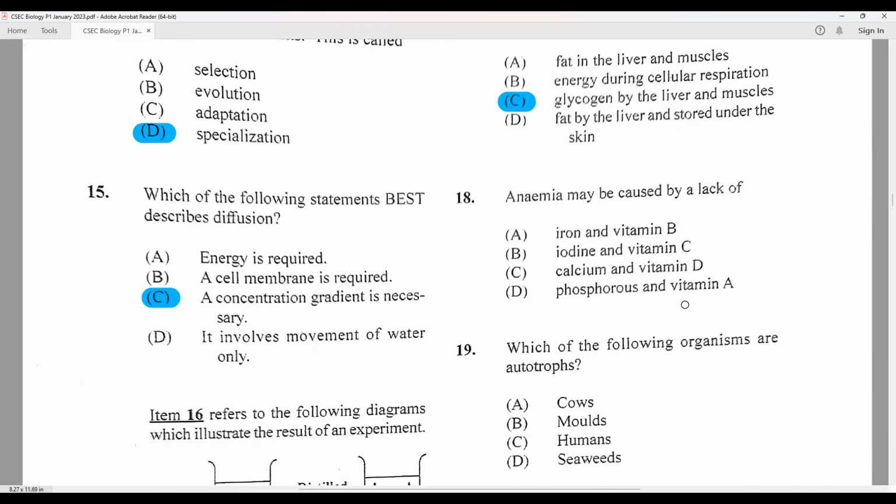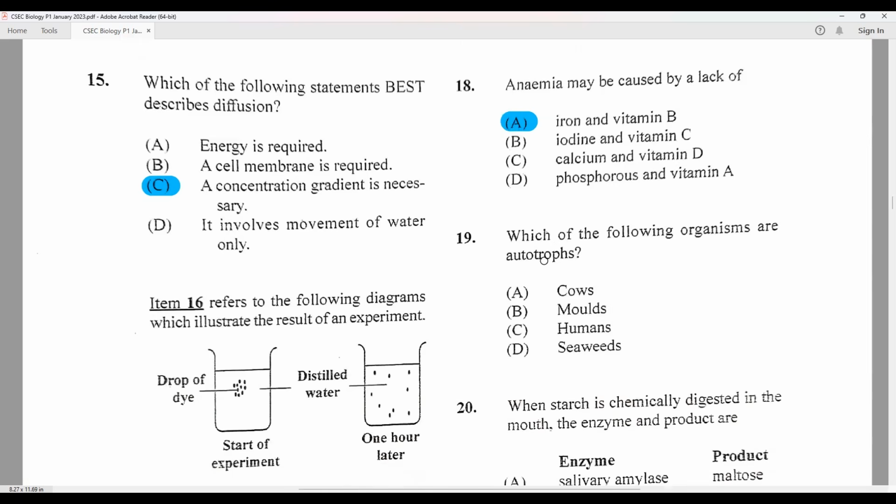Anemia may be caused by a lack of iron. Iron is used to make the hemoglobin that is necessary for your red blood cells. So we are looking for the one with iron, and they have iron and vitamin B together. So we know that A is the answer.